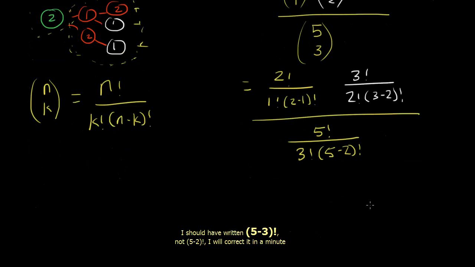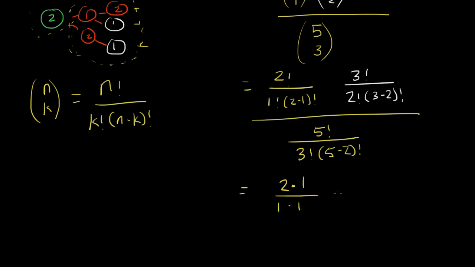Okay, so let's continue to solve this. 2 times 1, that's what 2 factorial is, and we have 1 times 2 minus 1, which is 1. This is being multiplied by 3 times 2 times 1, that's what 3 factorial is, over 2 factorial. And then on the denominator here we have 1 factorial, which is just 1.